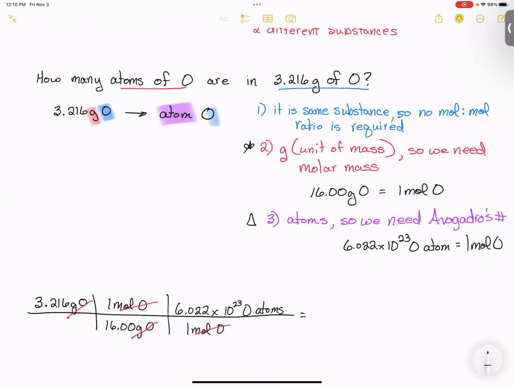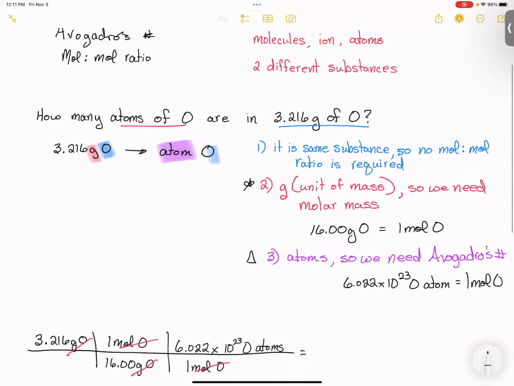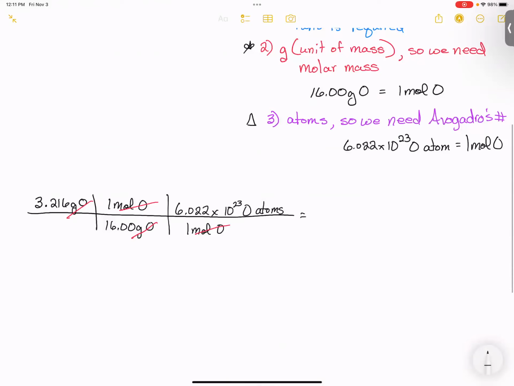Since you have what you want to solve for, now you can key it all into the calculator. And you get an answer of 1.210 times 10 to the 23rd oxygen atoms.